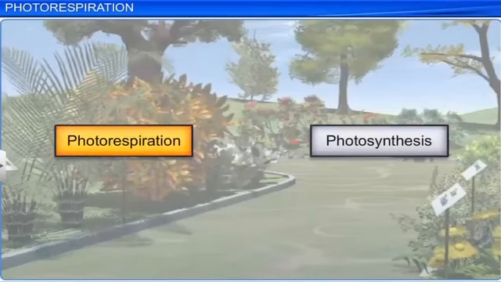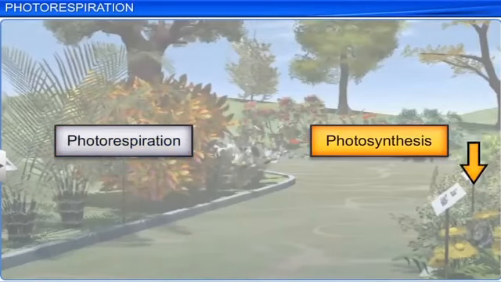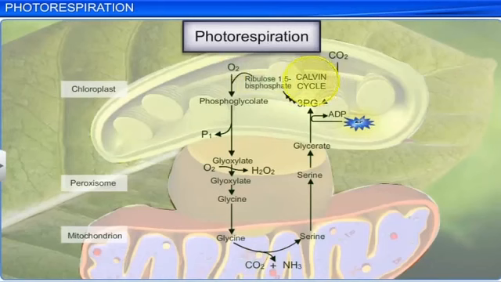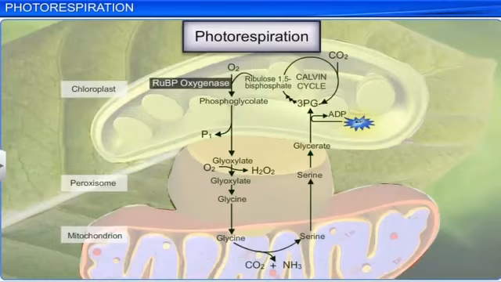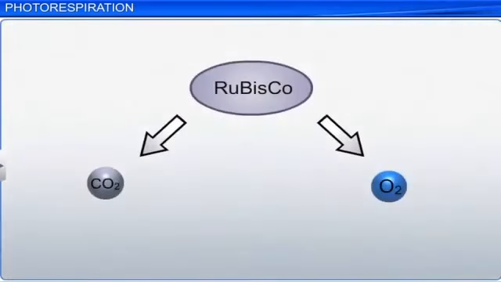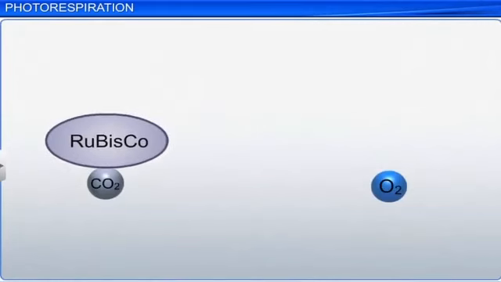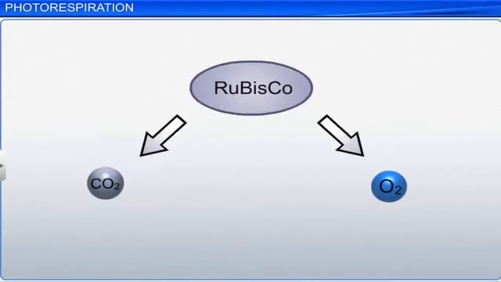Photorespiration is a process that lowers the efficiency of photosynthesis in plants. In this process, ribulose bisphosphate, or RUBP, reacts with oxygen to release carbon dioxide. This happens during the Calvin cycle due to the catalytic activity of RUBP oxygenase. Interestingly, though rubisco shows greater affinity towards carbon dioxide than oxygen, it can bind with both molecules.